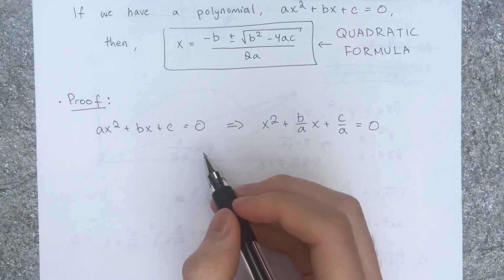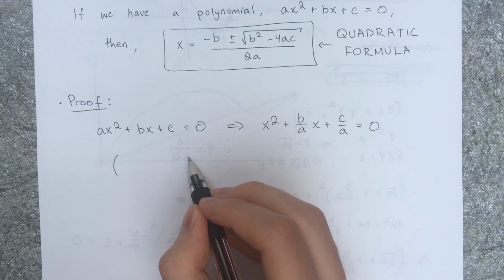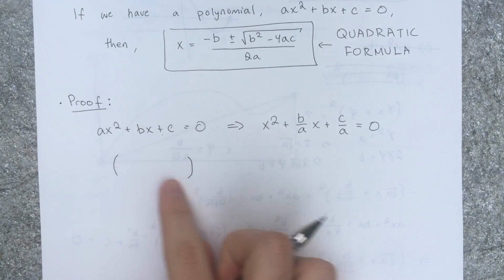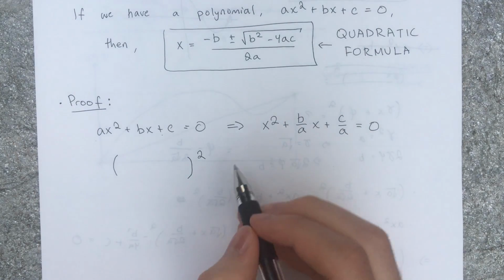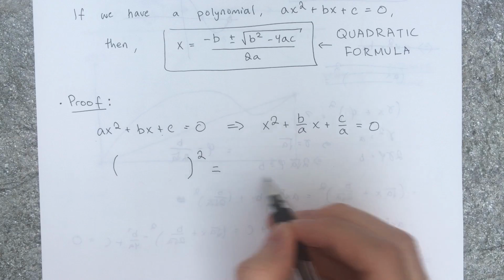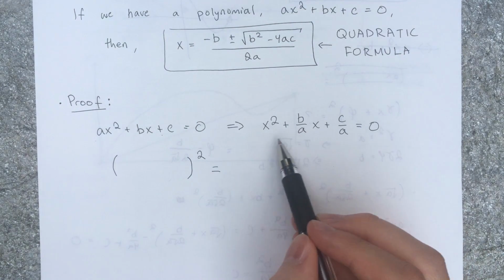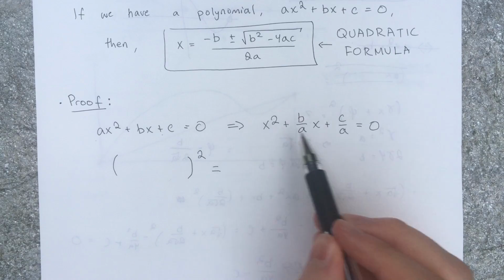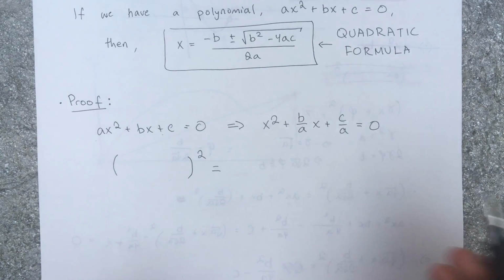So in other words, we're going to have something in these parentheses squared, and that's going to be equal to something else. And that'll be equivalent to saying x squared plus b over a x plus c over a equals 0.